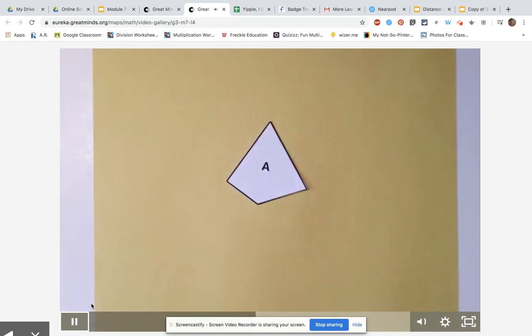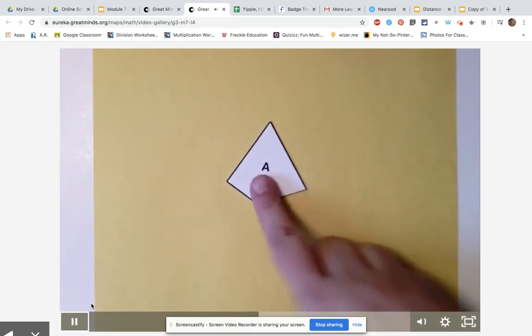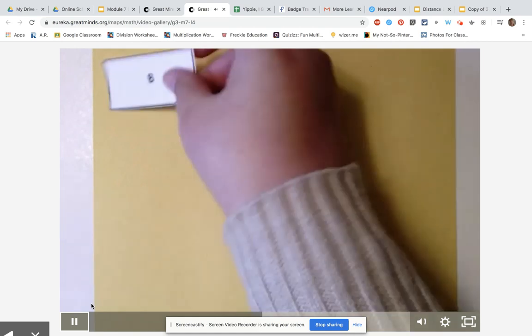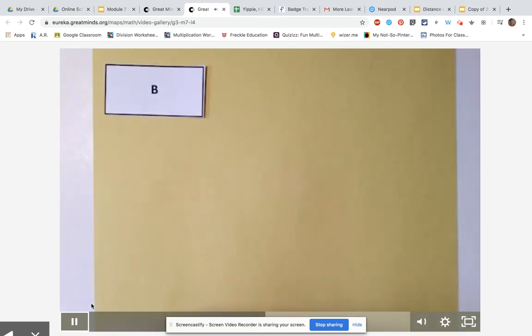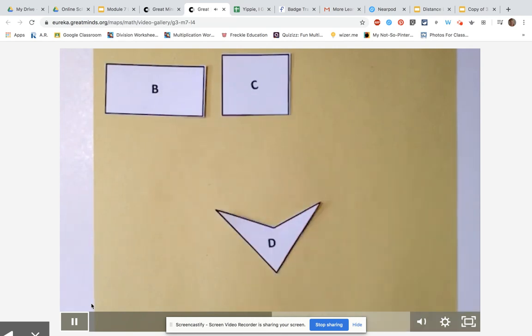It does not have at least one set of parallel lines. Shape B is a trapezoid. C is a trapezoid. Shape D is not a trapezoid because it does not have at least one set of parallel sides.